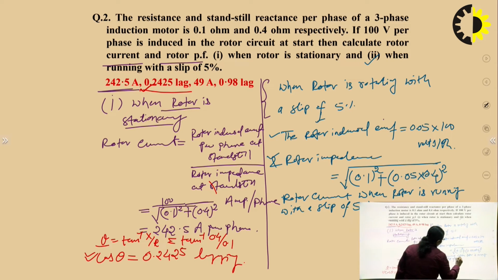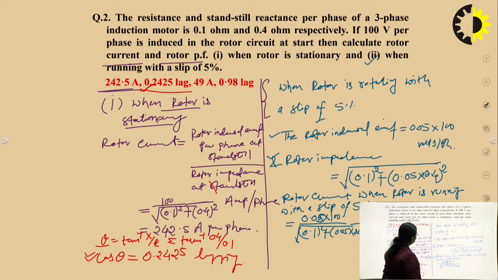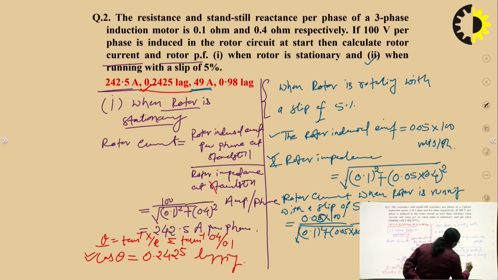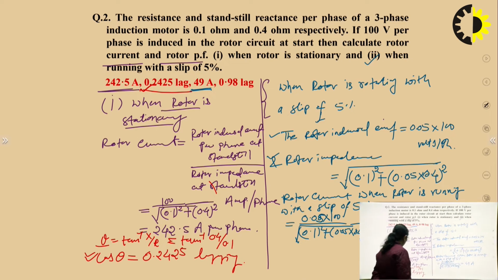It would be equal to the induced EMF, that is S times the standstill induced EMF, 0.05 multiplied by 100, divided by the impedance here, that is the square root of 0.1 squared plus 0.05 times 0.4 squared. Solving this, you'll get a rotor current of 49 ampere.